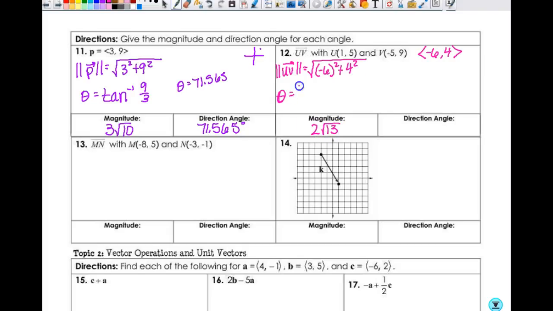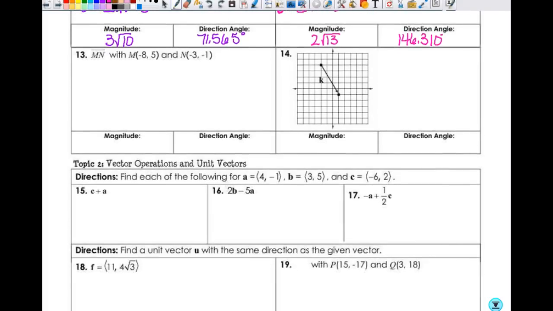Then theta is equal to the tangent inverse of 4 over a negative 6. And that gives me negative 33.690. Can't have a negative angle. This is negative 6, positive 4, right? So this angle right here is a fourth quadrant angle, negative 33 degrees. I want to be in the second quadrant, so I just add 180 to this, and I get 146.310. Do not miss these because you are not paying attention to the quadrants. 13.